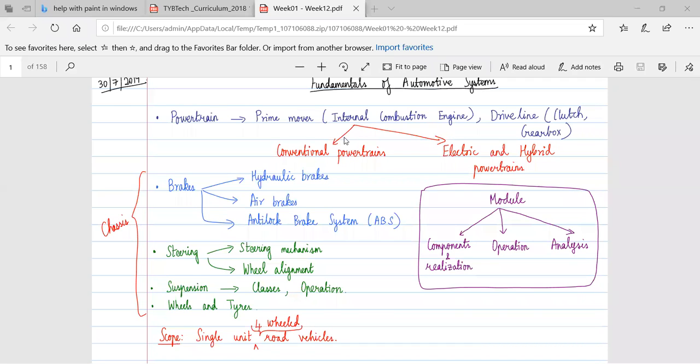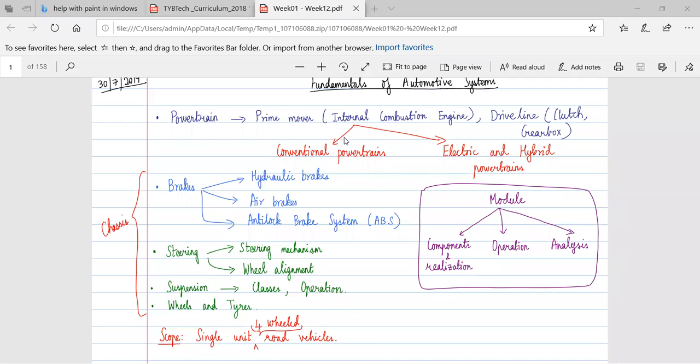Now whenever we apply a brake at a very high speed, that means if the car is moving at a very high speed and you apply the brake, it may topple, or the tires may slip, meaning they get tilted and skid.